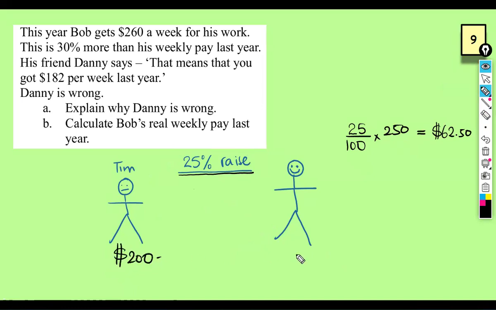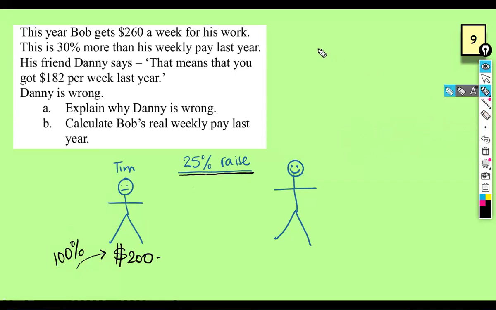So Tim gets $200. All right. Here's what. The original amount of money, like before the raise or whatnot, is always considered 100%, the original amount you had. So the original amount he was getting was 100%. So let's draw the little cross here, right?